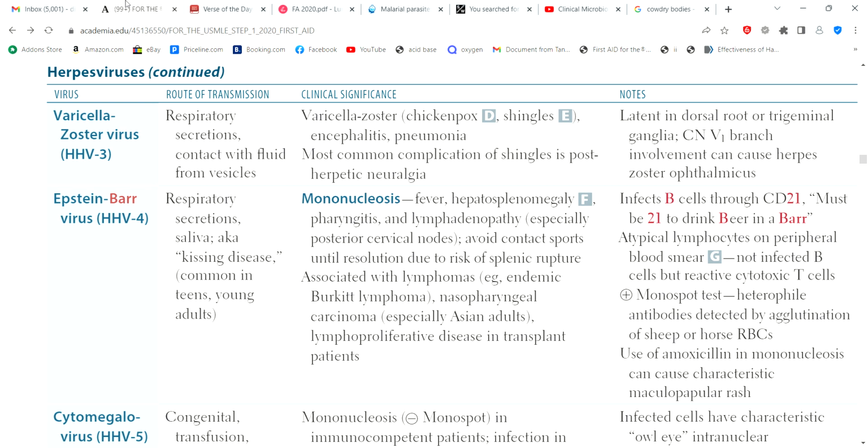There's mandibular, maxillary, and ophthalmic. CN V1 is the ophthalmic division of the trigeminal nerve. It's latent in the dorsal root or trigeminal ganglia. Involvement of the ophthalmic division can cause herpes zoster ophthalmicus.